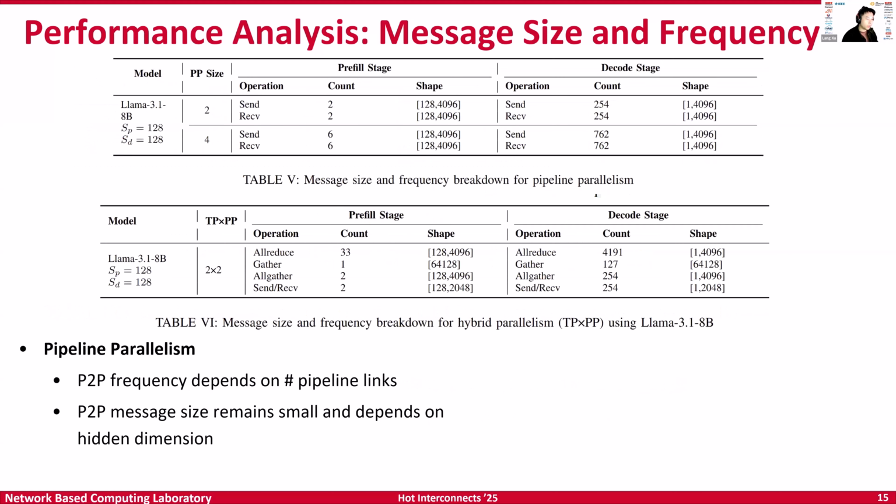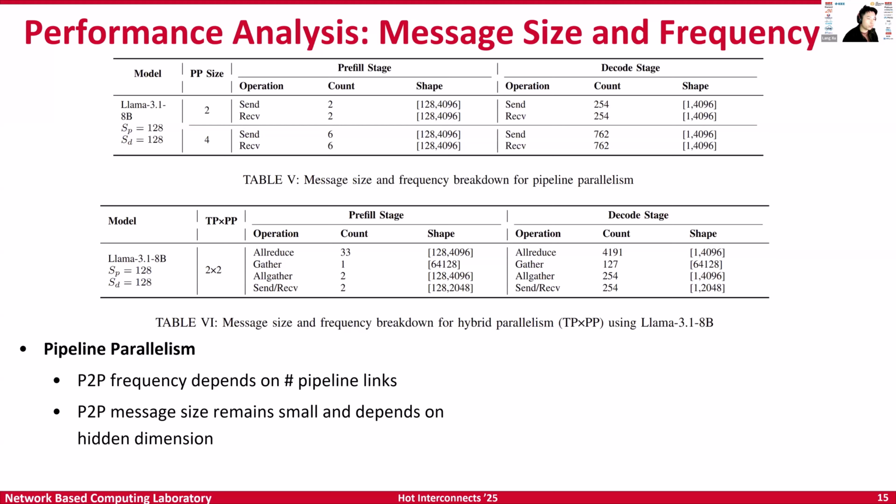If we look at pipeline parallelism, we tested 2 configurations, both within the node: pipeline sizes of 2 and 4. The only difference is that we have more links when we do more pipeline parallelism. For a pipeline size of 2, we have only 1 link.